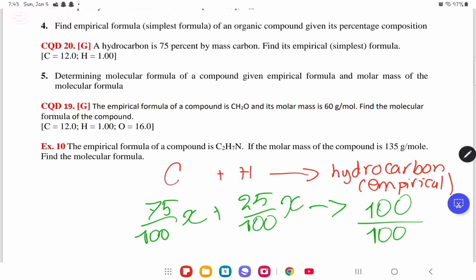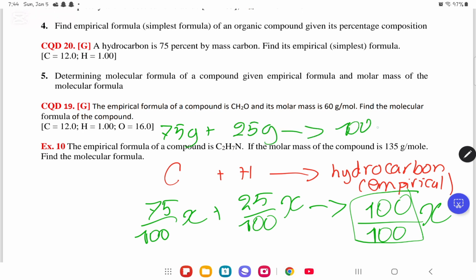Okay, but 100 over 100 of what? Of the total mass, which is X. Okay, so now to make it a bit easier, we are gonna say that the total mass is 100 grams. So it's in percentage and easier. That means 75 grams is carbon and 25 grams is hydrogen will give us 100 grams of the hydrocarbon. Now we divide by the molar mass.